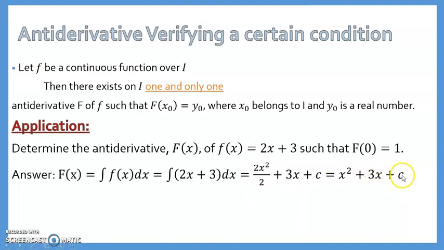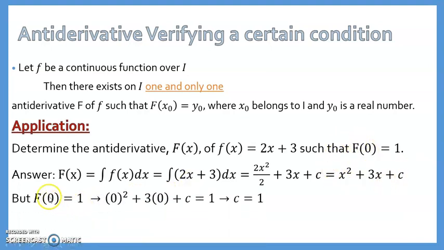But notice, since you have c and c can be any number, this is not one antiderivative. We need to use this condition now. In other words, you need to use big F of 0 is equal to 1 in order to find the value of c. What does F of 0 mean?